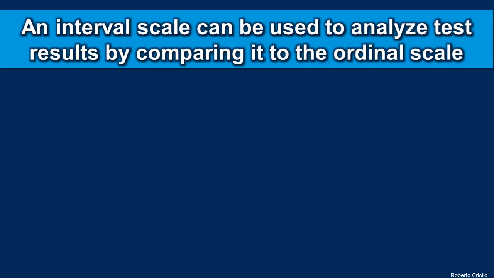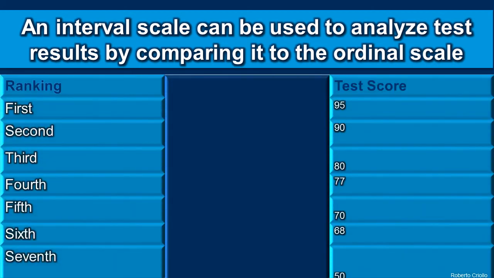Now this is an example of a comparison between the interval scale and the ordinal scale. On the right we have a ranking, which is of course an ordinal scale. In this case, we're going to see who got the best results in the test.